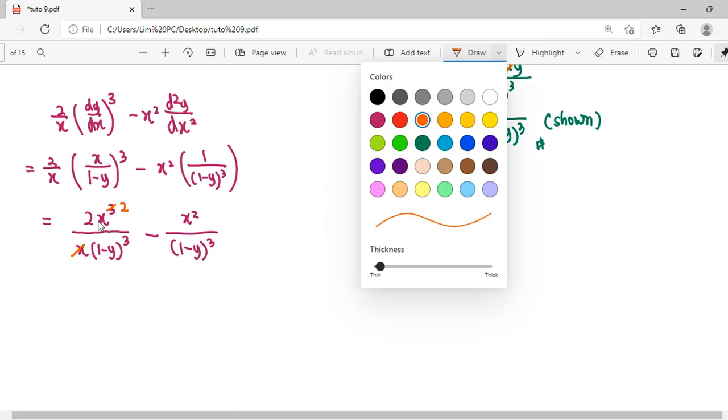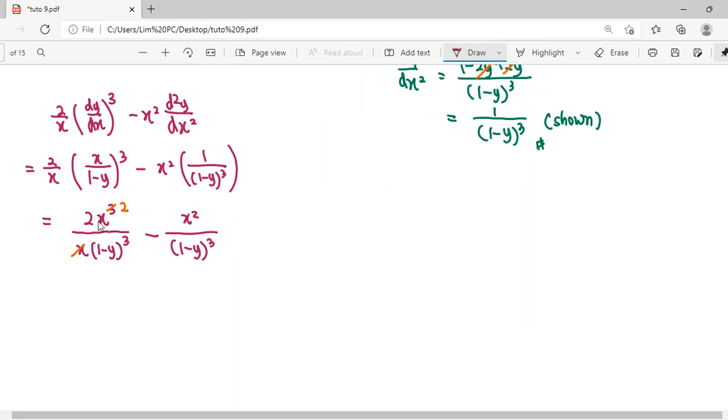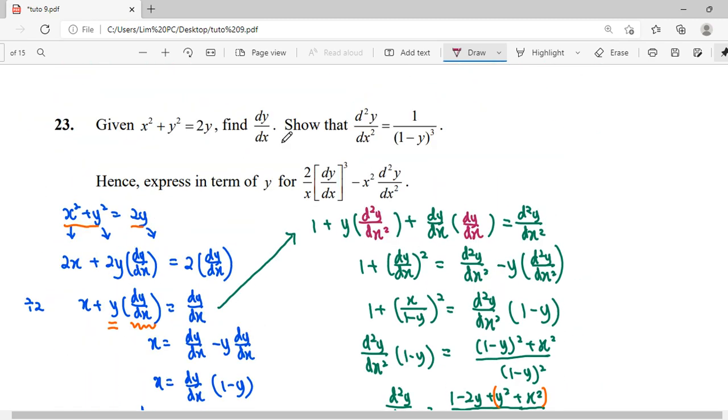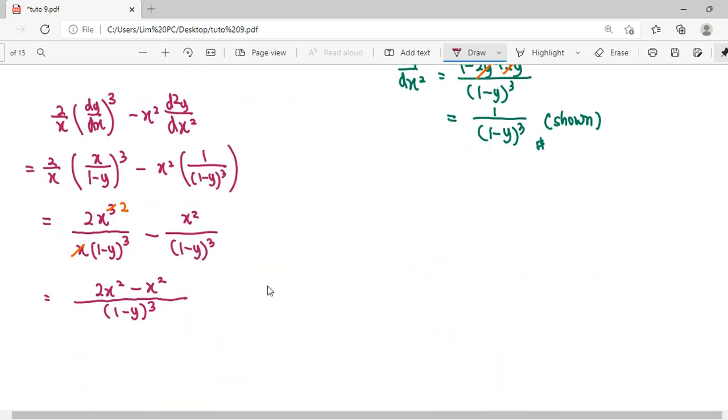So then we continue. Look at our denominator. We have the same denominator, so we can put both over the same denominator. It will become 2x squared minus x squared. So we simplify until we get it in terms of y only. Once we simplify 2x squared minus x squared, we get x squared only. So how do we change this x squared into terms of y?